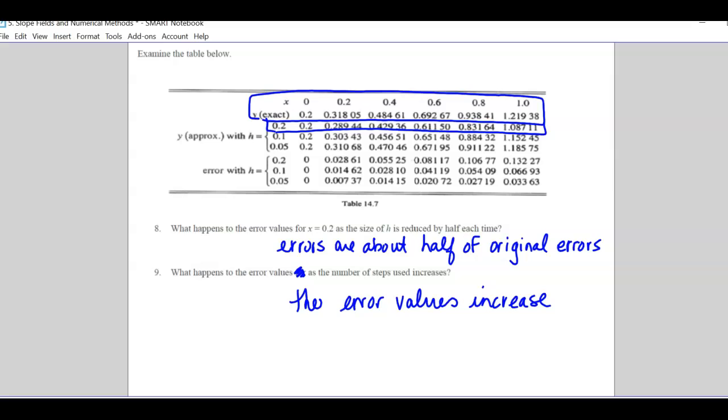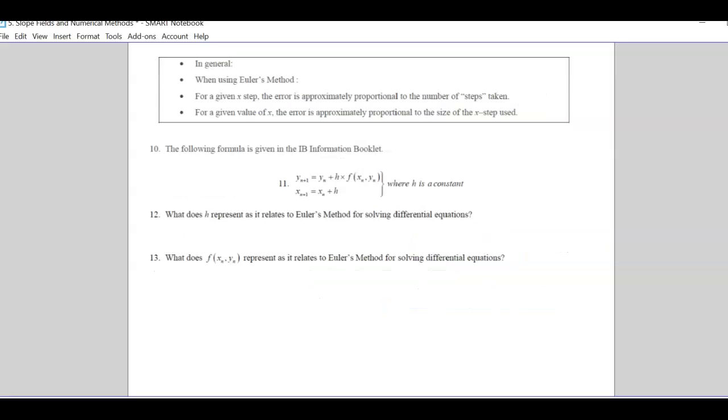In the topic 9 calculus section, it'll be in a different section in the new data booklet for this year. There's the formula for Euler's method, basically what we just did in that chart. So what does h represent here? That is the delta x that we did, the change in x.